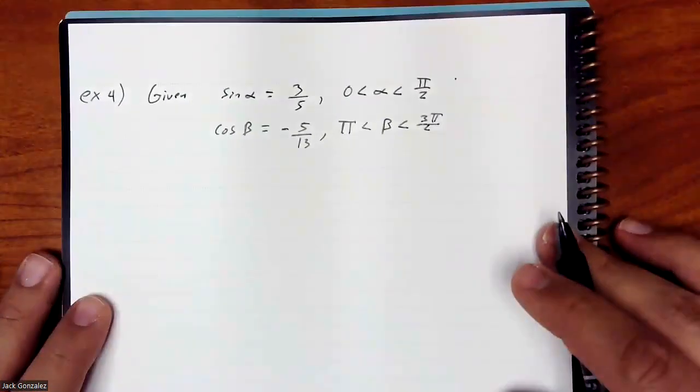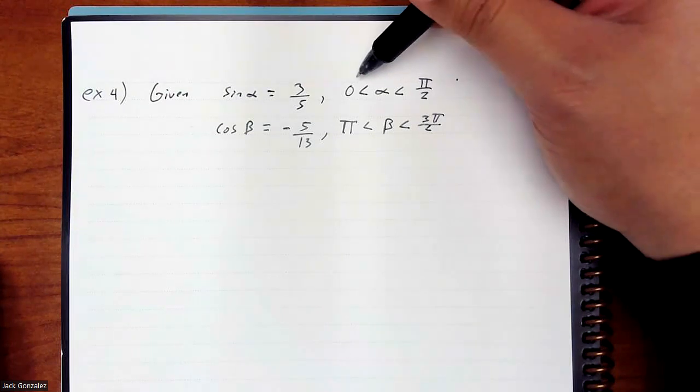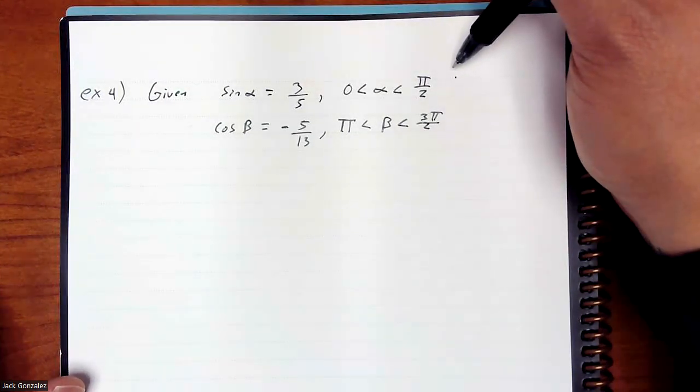Right? Do you see that? That alpha between 0 to pi over 2 means quadrant 1. Is that clear?